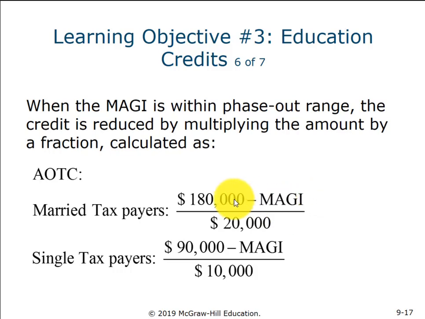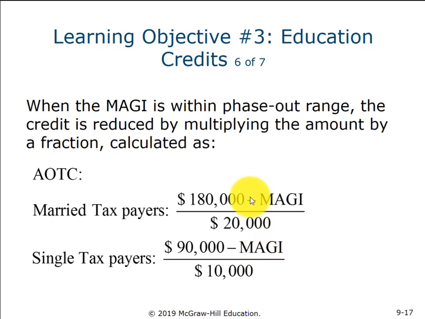You take the difference between your AGI and the 180,000 and then divide it by the range, 20,000, and that's how much you get to keep. So you're under the maximum part of the threshold by whatever percentage this is when you calculate it. And that's how much you get to actually use.